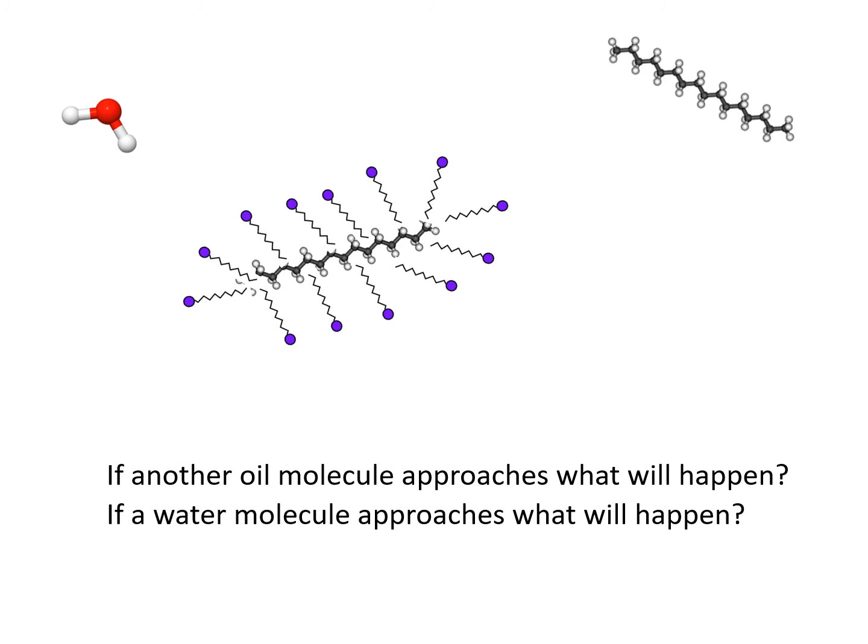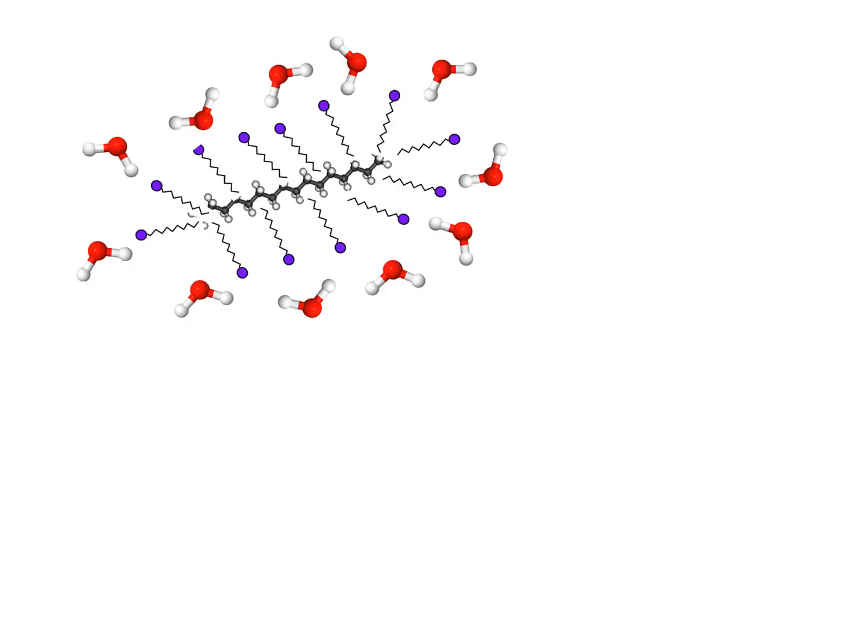But what if a water molecule approaches, what will happen? The water molecule can form a hydrogen bond with the polar heads of the emulsifier. So we will get water surrounding that, and the oil won't be able to interact with the oil molecule inside the micelle.